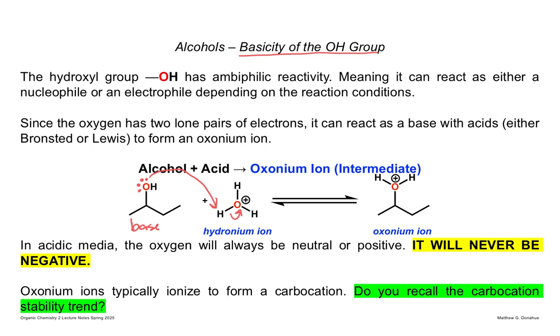And so the alcohol that's protonated is now called oxonium. So hydronium, everything's hydrogen, and oxonium, you have a carbon substituent. Notice the formal charge migrates as well. So this is a reactive intermediate. And what will happen is this bond can ionize.